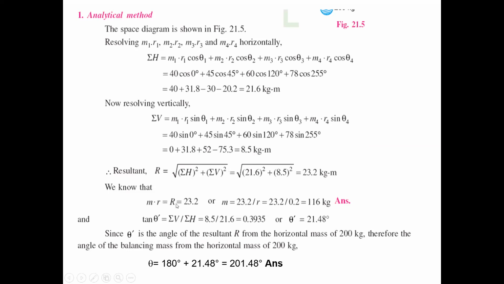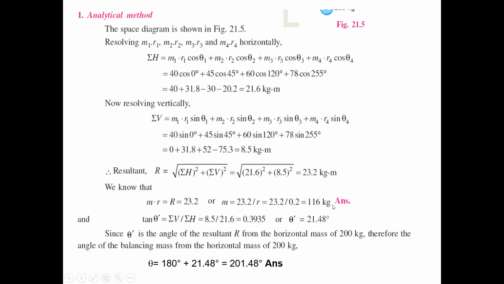FC means MR, so MR equals 23.2 and M equals 23.2 by R. R is already given, that is 0.2. Substituting the R value in our equation, the M value will be 116 kg.